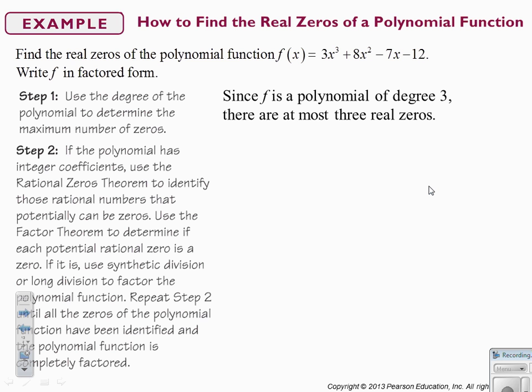If the polynomial has integer coefficients, we're going to use the rational zeros theorem to identify those rational numbers that could potentially be zeros. Then we're going to use the factor theorem to plug in each potential rational zero until we find one that works. We're going to repeat the steps until you've tested all the zeros and have all the zeros for your polynomial.